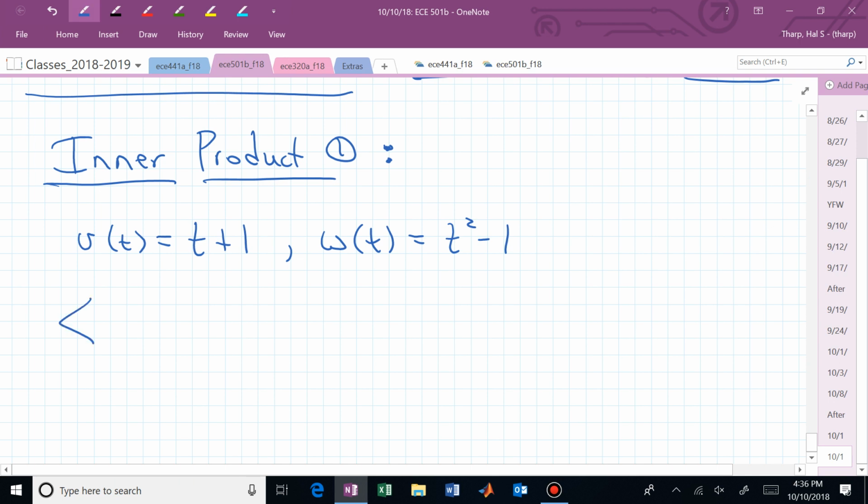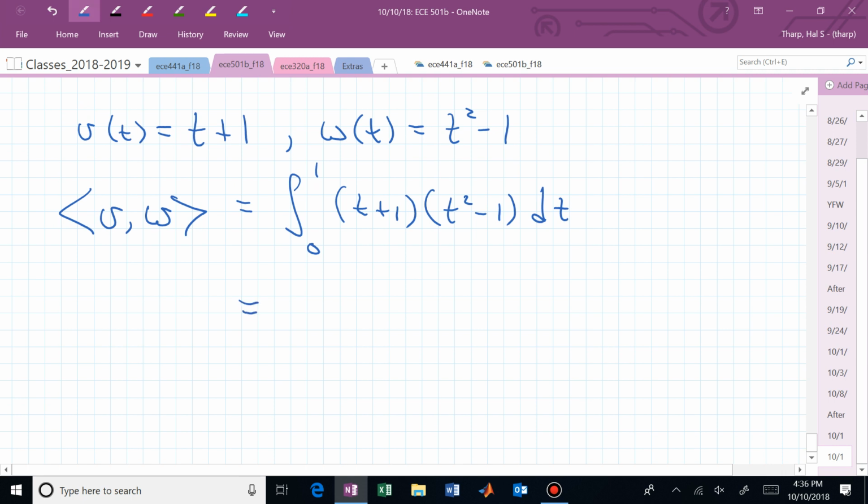And the first inner product that we defined for P2 was now this integral from 0 to 1 of v of t times, and here we're dealing over the real so we don't have to conjugate this, w dt.